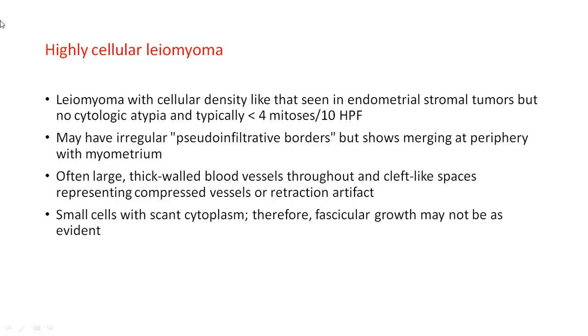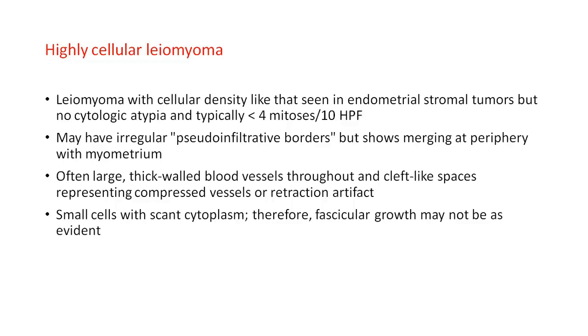They also contain thick-walled blood vessels throughout, and cleft-like spaces which represent compressed vessels, or it can be a retraction artifact as well. This is one of the morphological features which can be helpful to distinguish it from the low-grade endometrial stromal tumor.